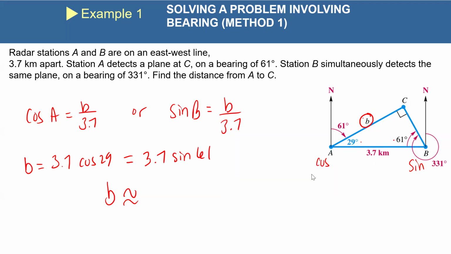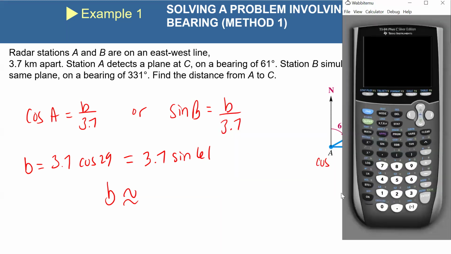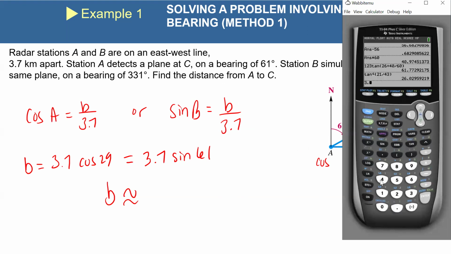Which part are we holding on to? We have 3.7 sine of 61, or 3.7 cosine of 29. Based on our given information, we're going to stop at 3.2 kilometers.